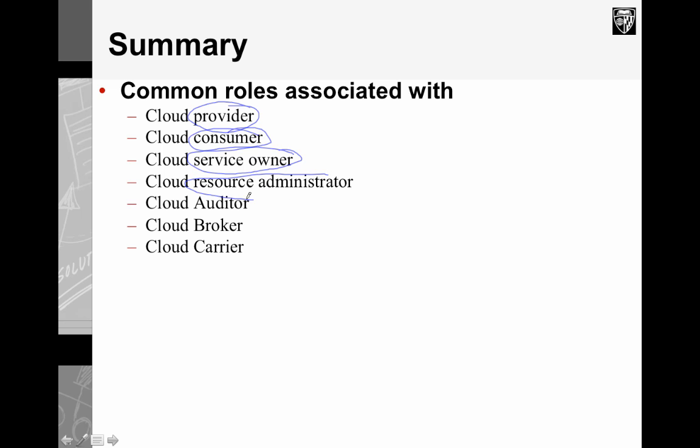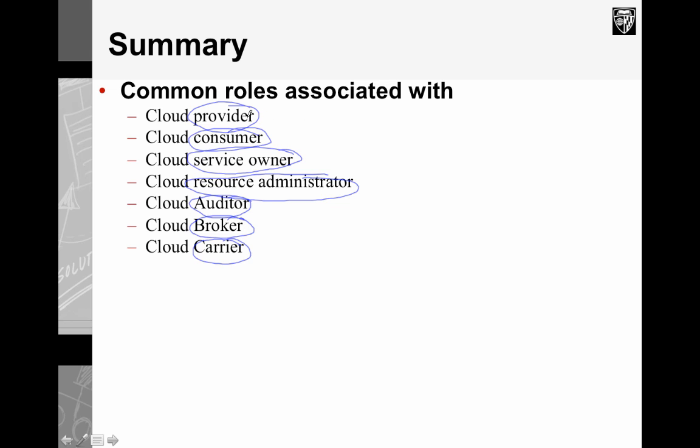There's also a cloud resource administrator, which is the guy that is going to be launching the cloud services. There's the cloud auditor that audits the cloud providers. There's also a cloud broker that sits in between the cloud consumer and the cloud provider so that the cloud consumer can use a single API. And there is the cloud carrier that's offering network and telecommunication services.